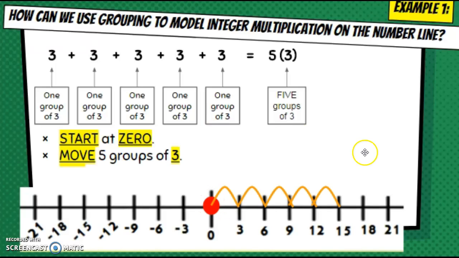And then we're going to represent 5 groups of 3. Since 3 is positive, we move to the right 5 groups. And again, each space is worth a group, because each space is worth 3. So I move 1, 2, 3, 4, 5 groups of 3, and I land at 15, which we know that 5 times 3 is 15.